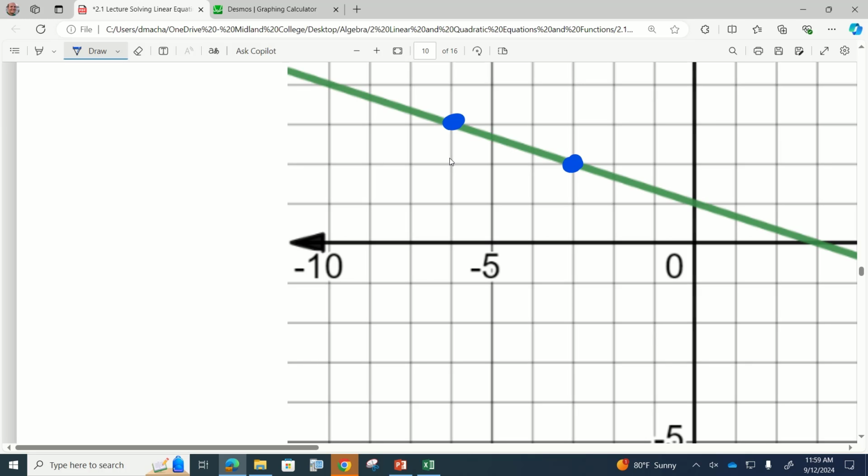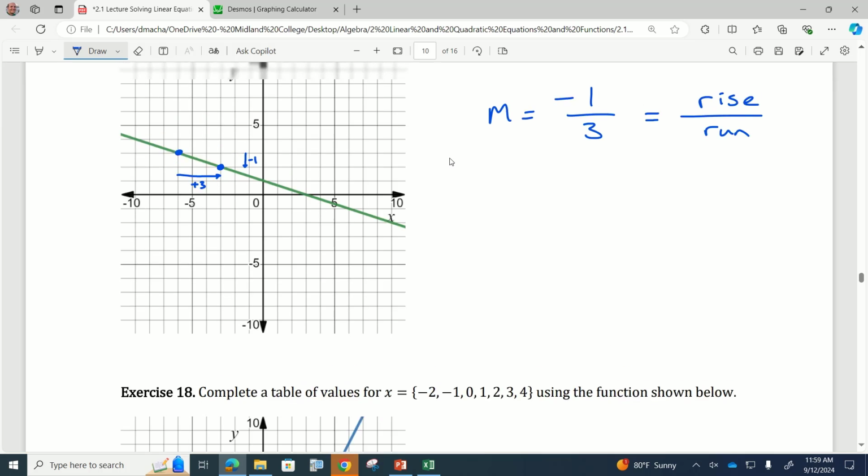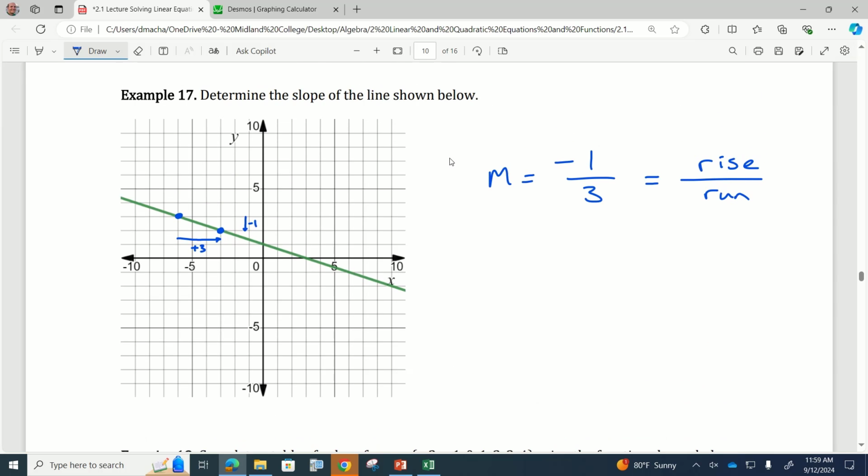So the numerator, the rise part, is going down 1, and the denominator, the run part, is going across 3. So this is negative 1 over 3. Rise over run. Does that make sense to everybody? Yes, sir. Okay.